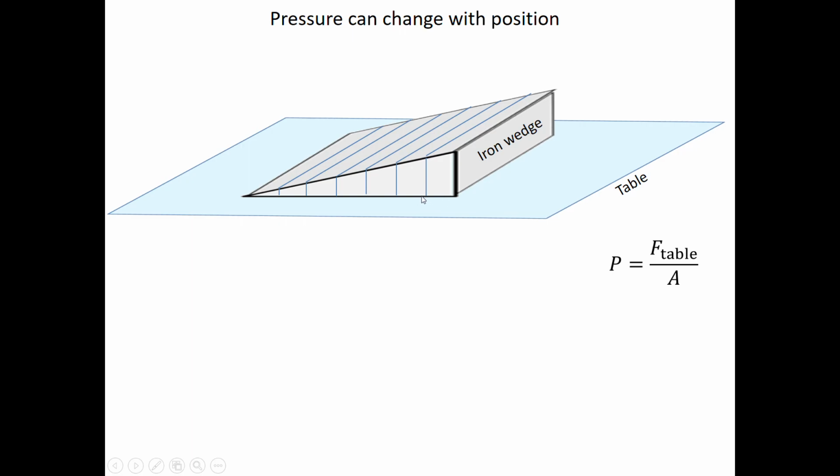So I'm going to calculate the force on this little thin strip, and do the same for all the strips on the bottoms of these chunks of metal. If we do that, we would find that the upward force from the table is largest on the right-hand side, and then it decreases as we go down and to the left.